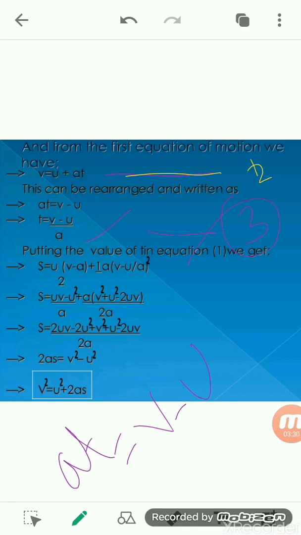Now putting the value of t from the third equation into the first equation, that is s is equal to ut plus half at square, in place of t we will write v minus u upon a.